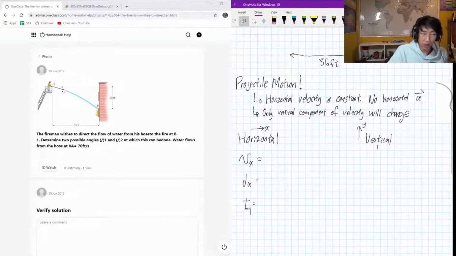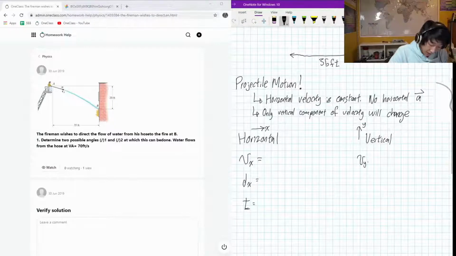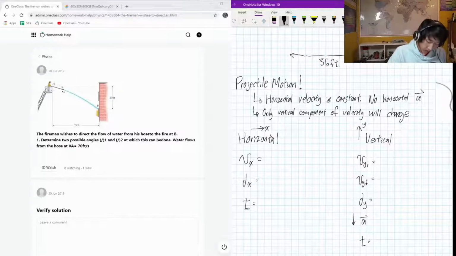Our vertical velocity is slightly different. We have a Vyi for initial vertical velocity, because our velocity is changing along the vertical axis, Vyf, our final velocity in the vertical, our vertical distance, our acceleration, which is going downwards, and our time, which will be the same for both of them. Time is like that bridge between us that helps us keep these two things in line with each other.